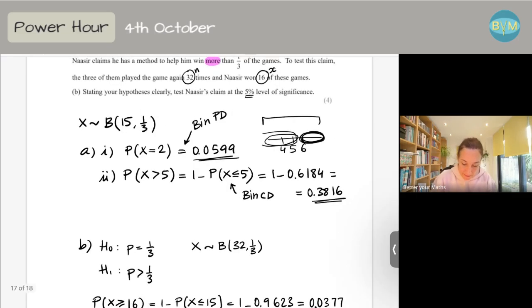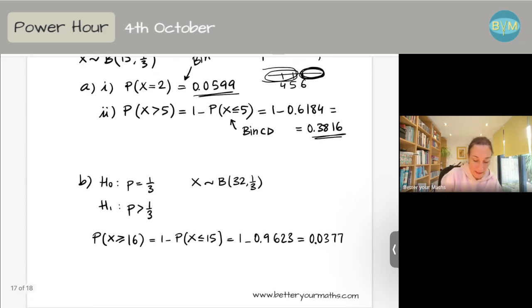The significance level was 5%. 0.0377 is smaller than the significance level. Because it's smaller and the significance level is already very small, just 5%, sometimes even 1%, it is very unlikely to happen. So it is very unlikely to get this value if this is true.